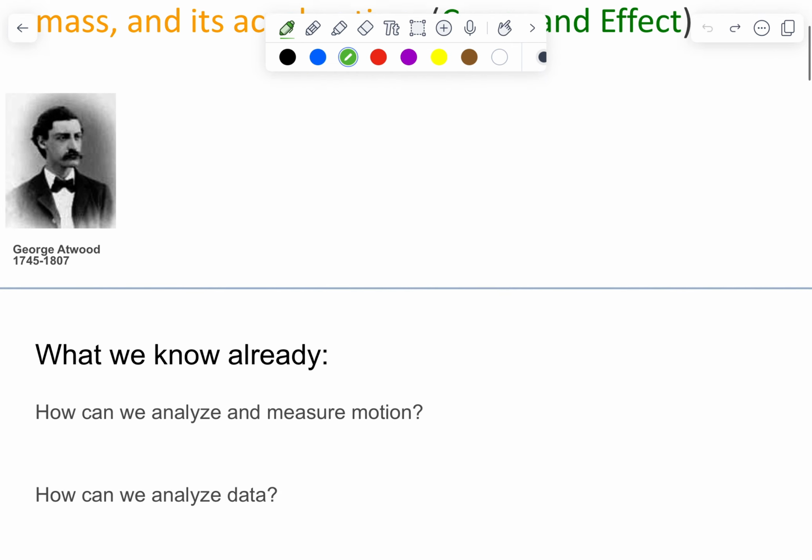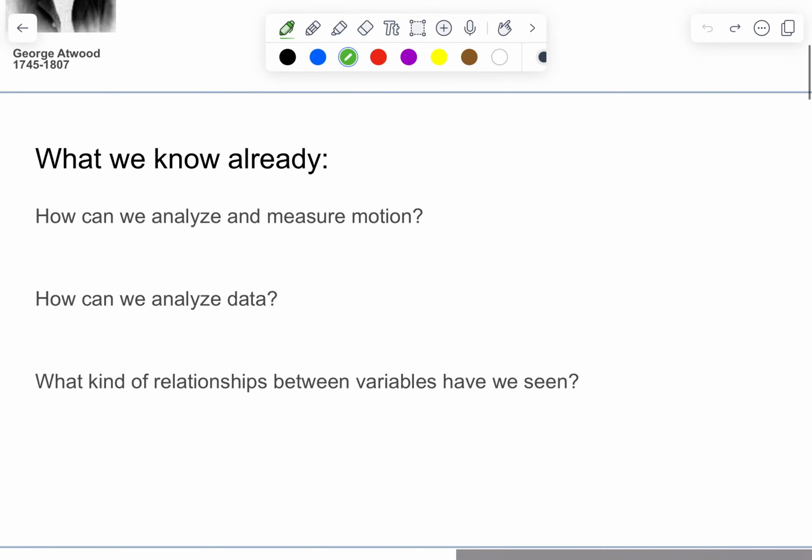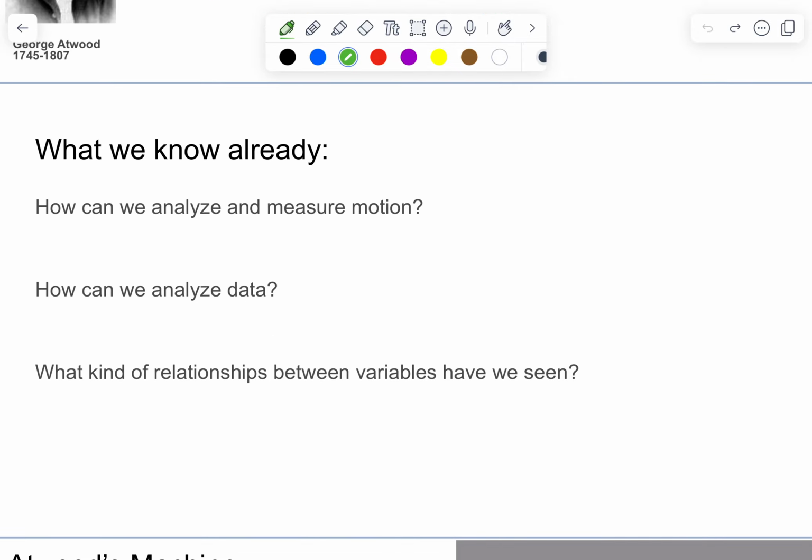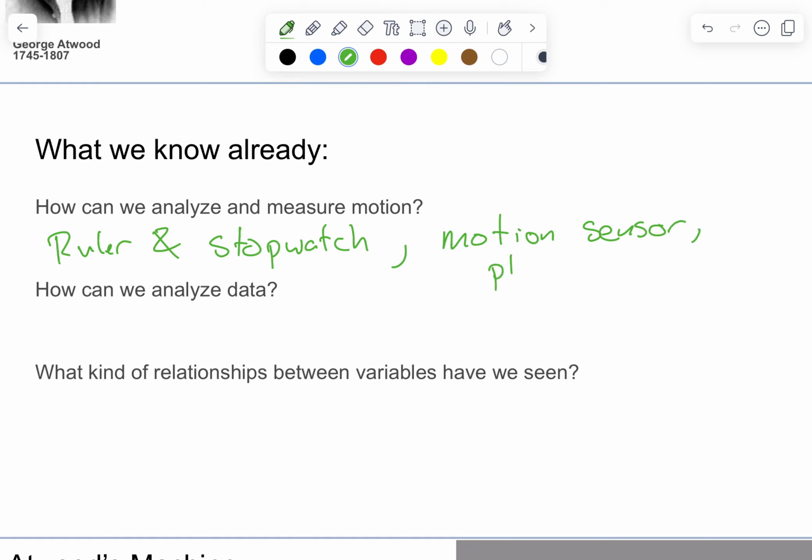And let's see what we know already. We know that we can analyze and measure motion using a ruler and a stopwatch. We also saw that we could use a motion sensor, and we've also used photo gates in this class.